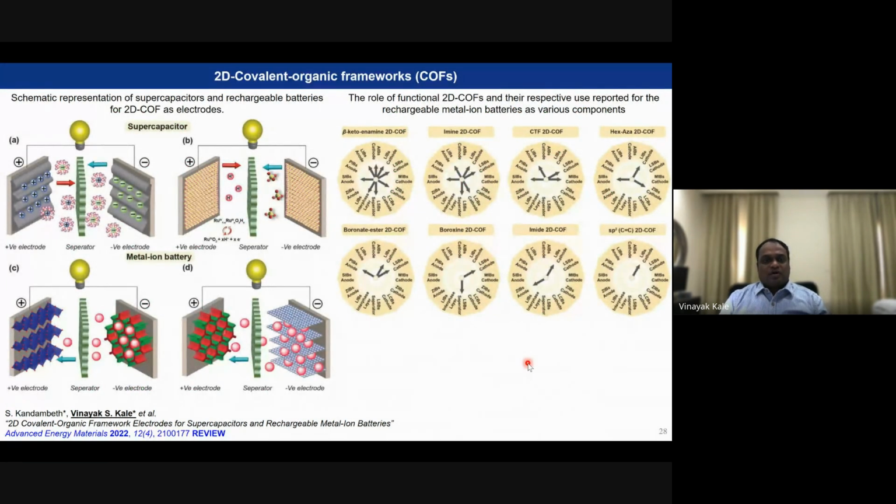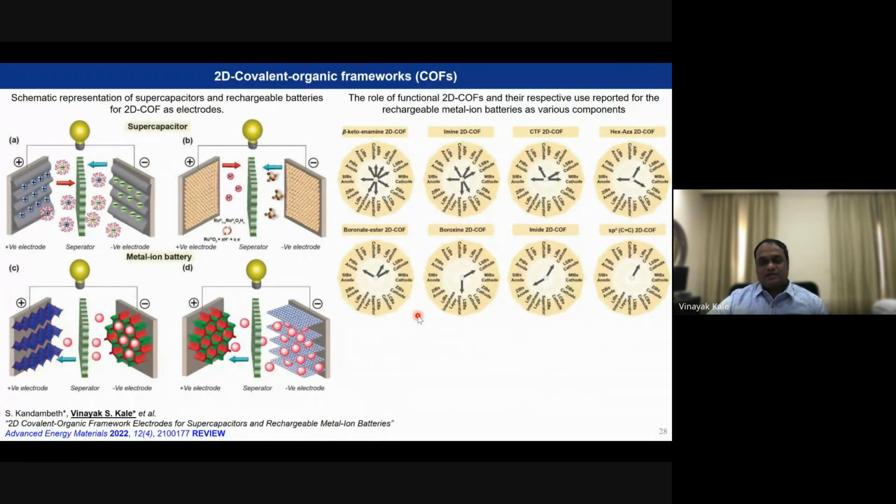So talking about COFs in energy related application, COFs have been used in supercapacitors as electrodes, and in metal ion batteries also they are used as an electrode. Also they have been used as a separator. The role of different COFs as per their functionality, I reported in this review article, Advanced Energy Materials 2022.